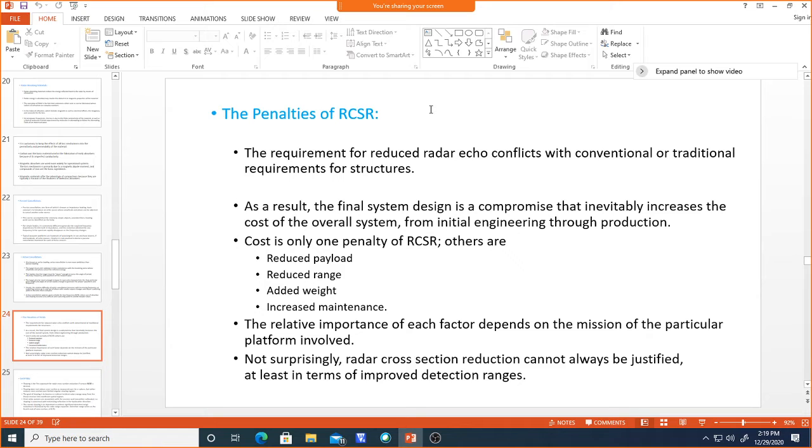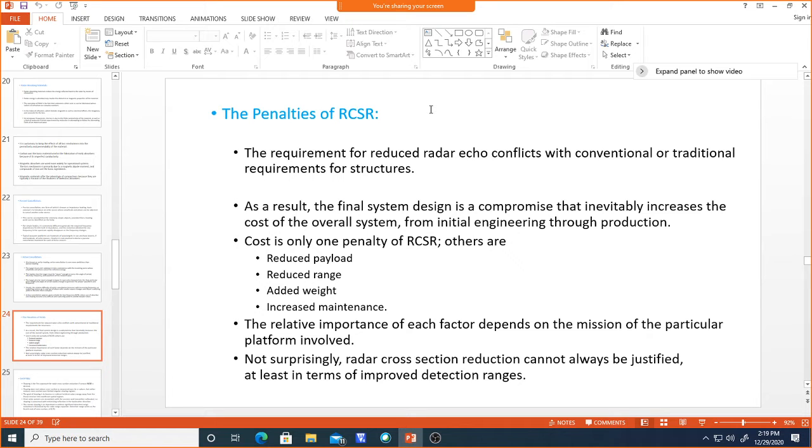Okay, so now the relative importance of each factor depends on the mission of the particular platform involved. Whether it is for a surveillance application, a military application or stealth technology, it depends on the platform how much radar cross section reduction is required. That is important, and this dependence on application involves compromising among these penalties.